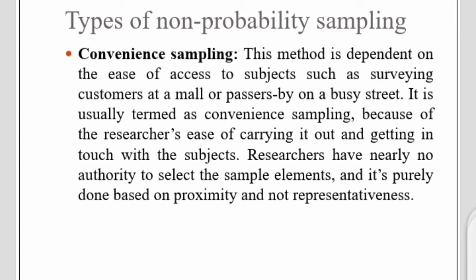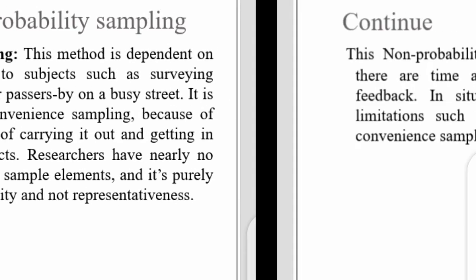It is usually termed convenience sampling because of the researcher's ease of carrying it out and getting in touch with the subjects. Researchers have nearly no authority to select the sample elements, and it's purely done based on proximity and not representativeness.